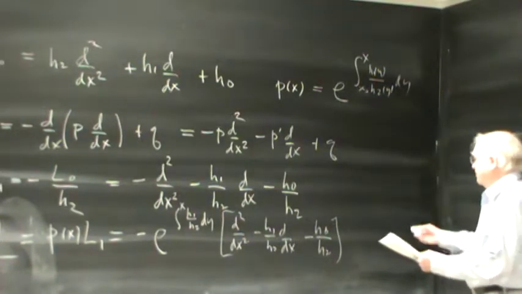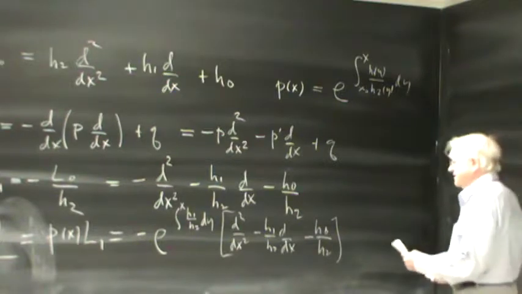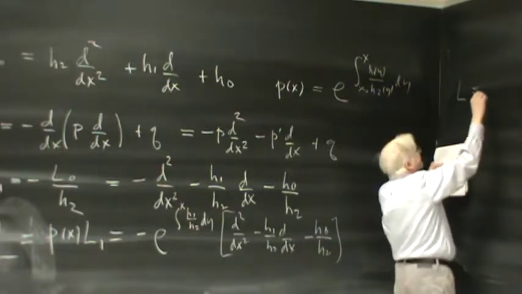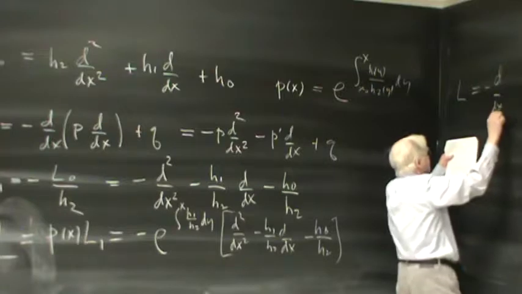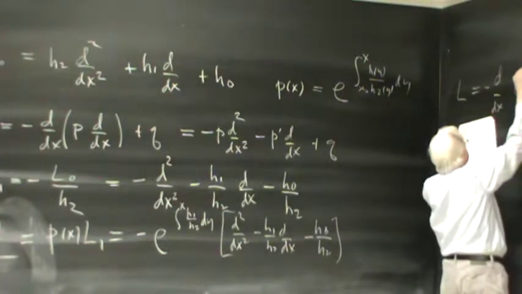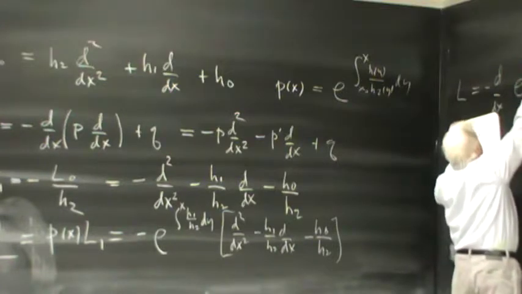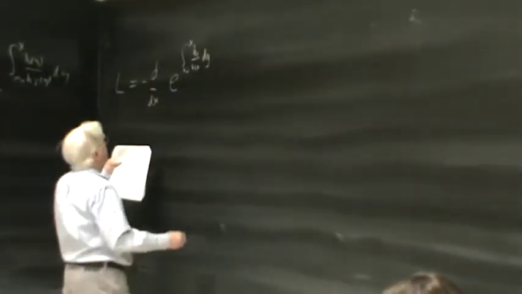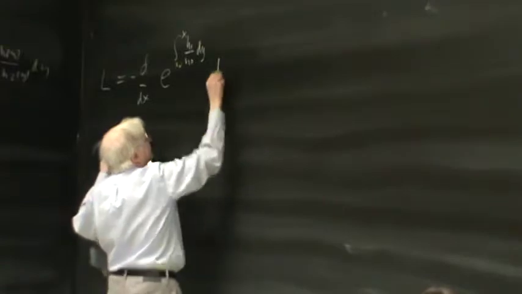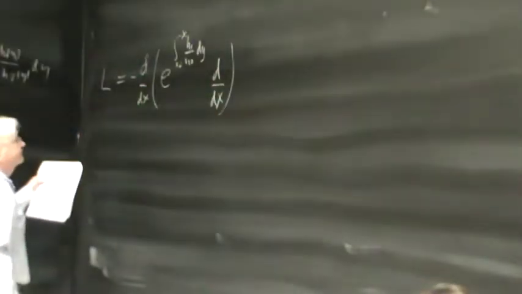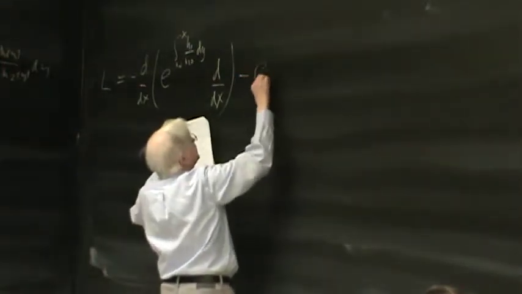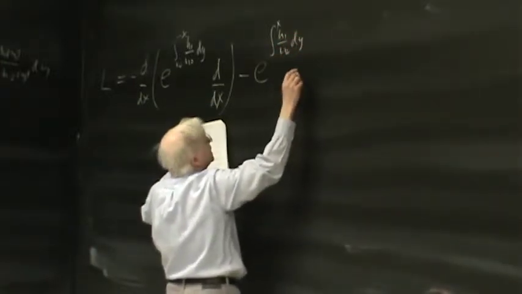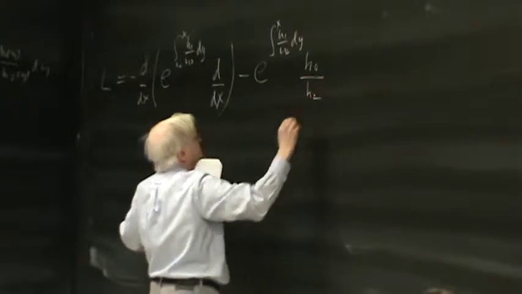And now you can see that this is the same thing as minus d by dx of e to the integral, let us say x0 to x, h1 over h2 dy, d/dx, minus e to this integral h1 over h2 dy, h0 over h2.